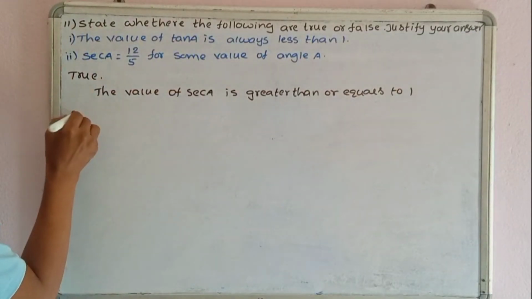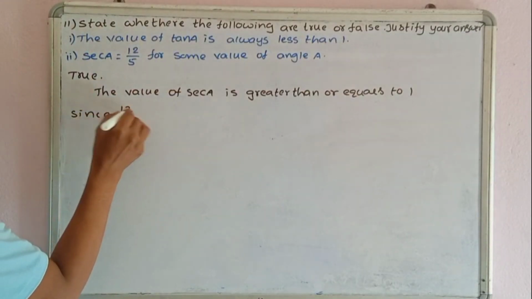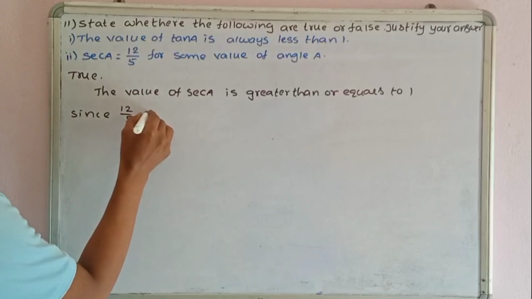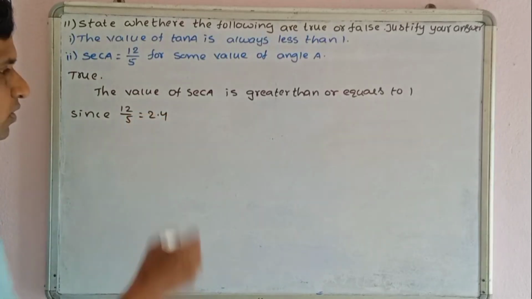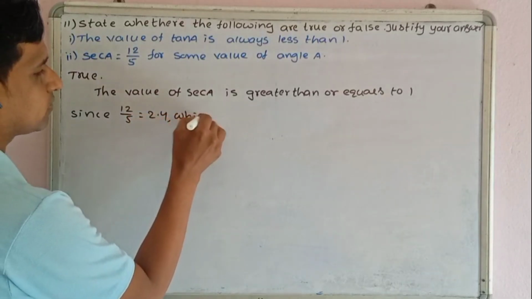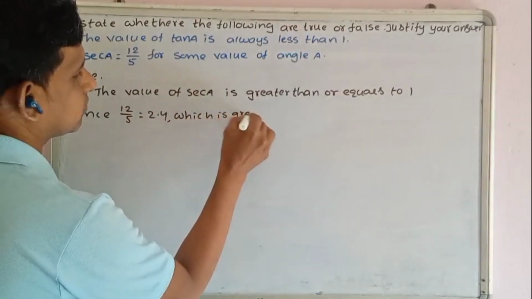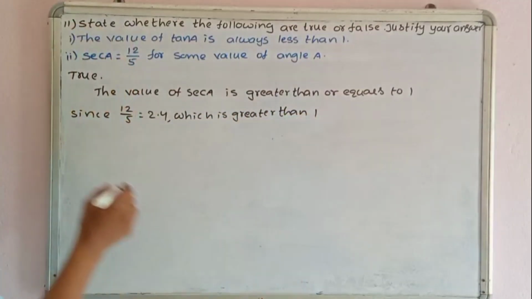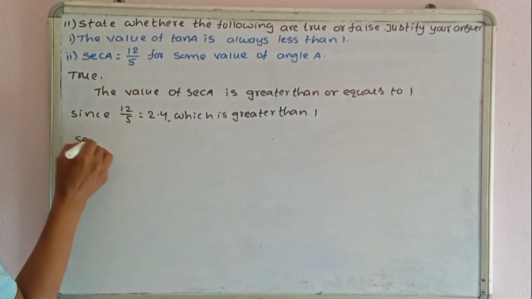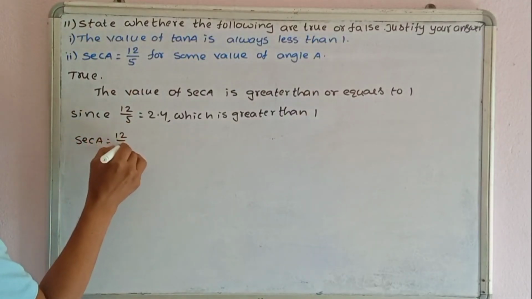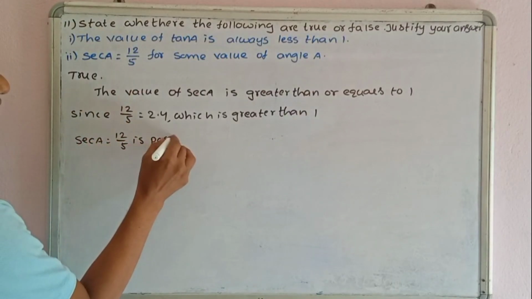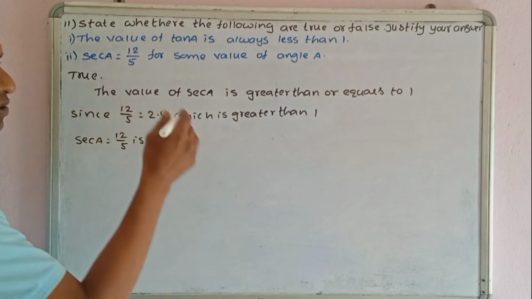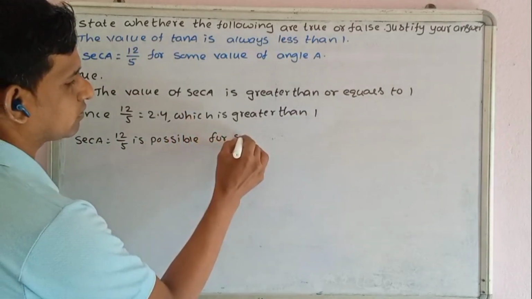So since 12 by 5 equals to how much? 2.4. 12 by 5 is 2.4, which is greater than 1. So secant A equals to 12 by 5 is possible for some value of angle A.